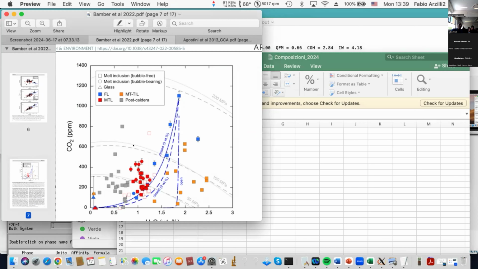So when we plot our curves, if your melt inclusion has this amount of CO2, you know that you are closer to 100 megapascal than 200 megapascal. You constrain in some way the pre-eruptive or syn-eruptive conditions.